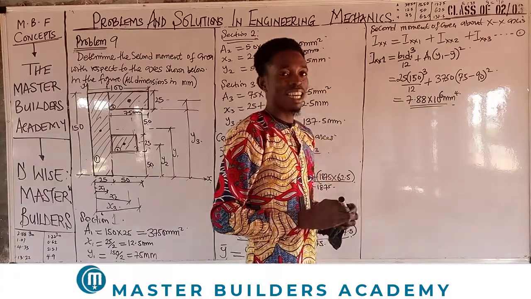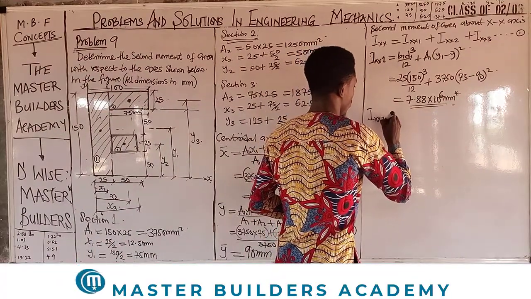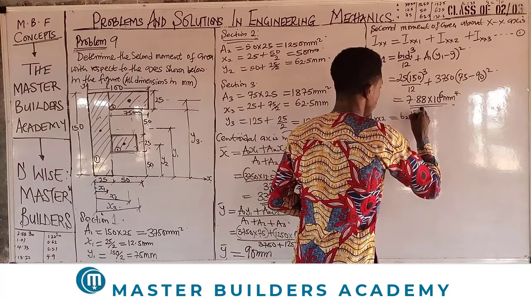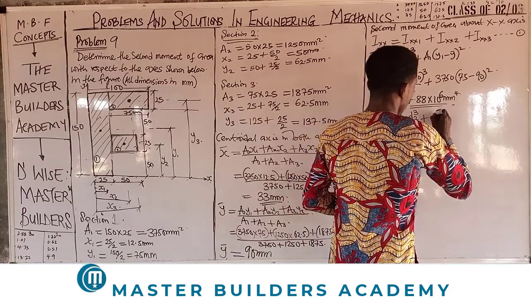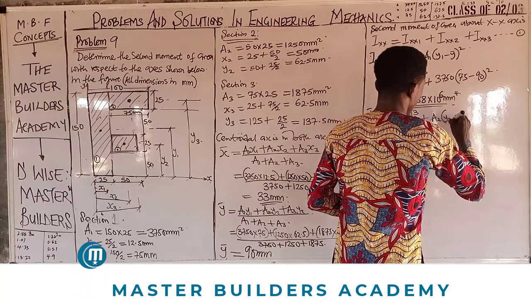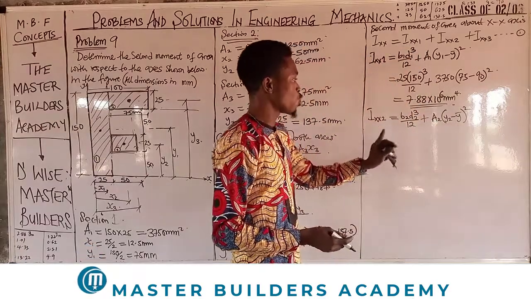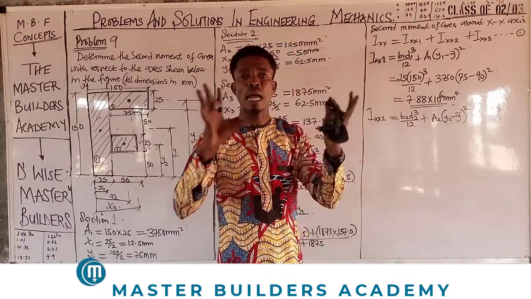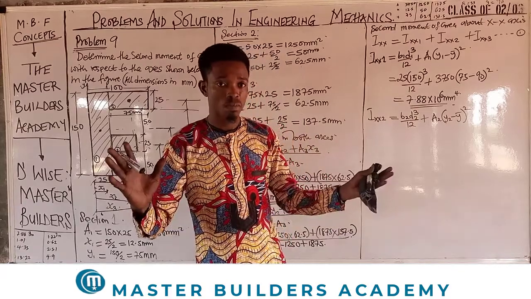This is it. Now for section 2 as well, we will have ISS2 equal to B2 D2 cube over 12 plus A2 into Y2 minus Y bar all squared. As usual, remember since we have subscript 2 here, it shows that the parameters here will all be taken from section 2. Correct?